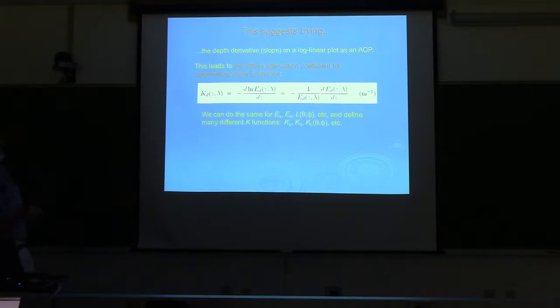And then you can do the same kind of definition for EU and L and any other radiometric variable, and you get different functions. So there will be a KD for the rate of change of ED with depth, a KU for how EU changes, a K for LU for upwelling radiance, a K for scalar irradiance, and in principle those are all going to be something different.